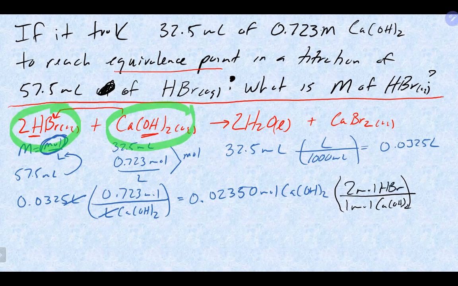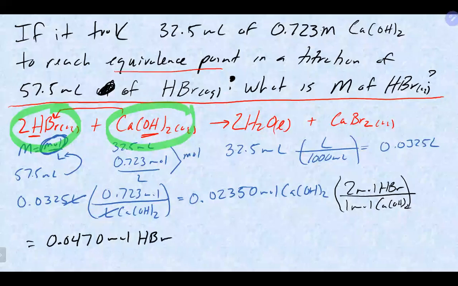So we'll take that times 2, going to get us, we'll call it 0.0470 moles of HBr. That really is the moles part of what was missing.